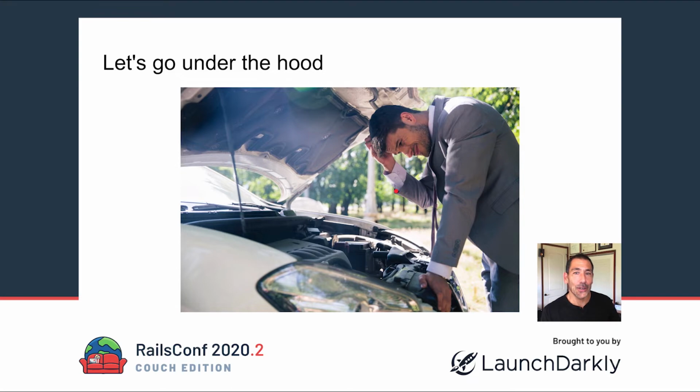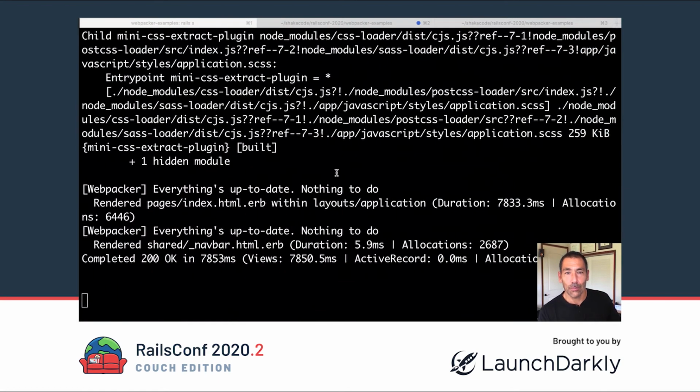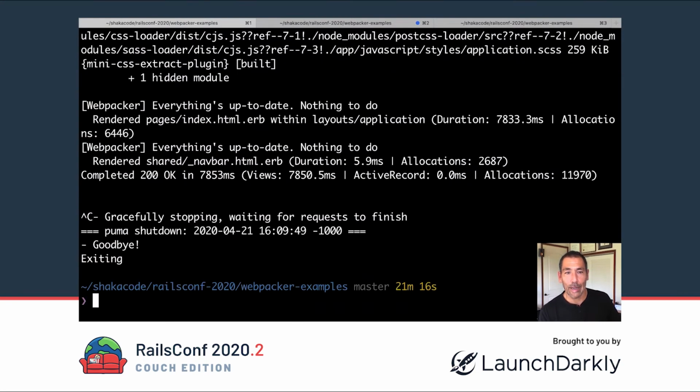Next, let's go under the hood and take a deeper look at what's going on. Let's say we want to see what your Webpack configuration is, so we could do some debugging. Well, let's go back over into my console. Let me quit the app, quit the Rails app, and I'm going to run bin webpack --debug.